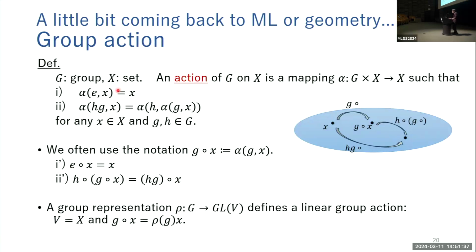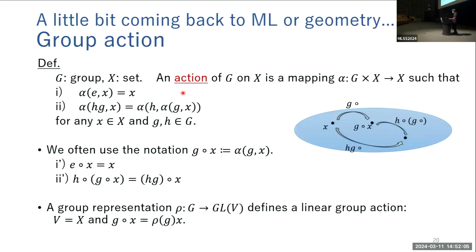We have a group, and X is a set, which is basically regarded as the space of data. And the action of a group is a mapping, very formally, in which a group element and an element in the data space make another data point.